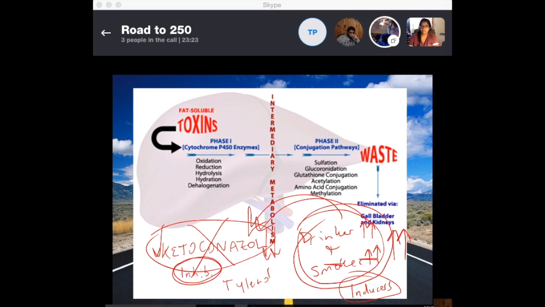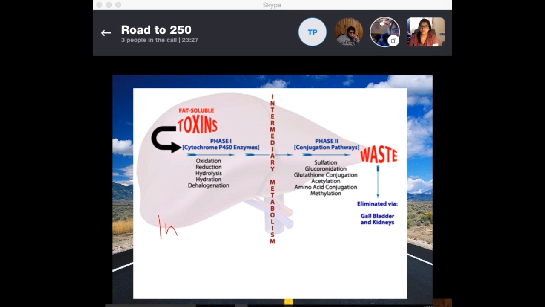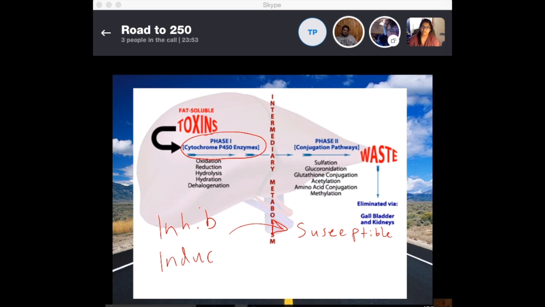And on top of the fact that you have certain drugs that are either inhibitors or inducers, you also have drugs that are just susceptible to inhibitors or inducers, but they don't manipulate the P450 system. They are only affected by manipulators.